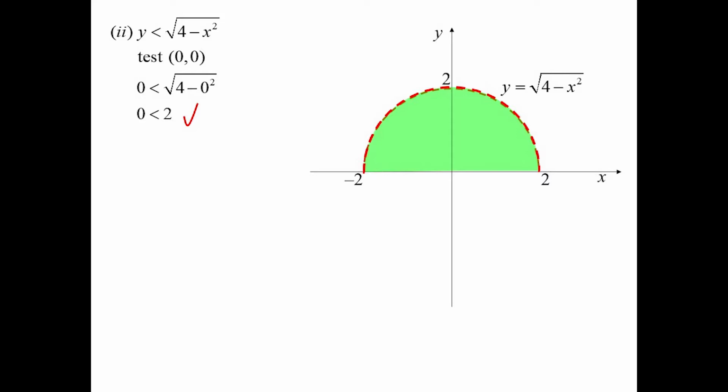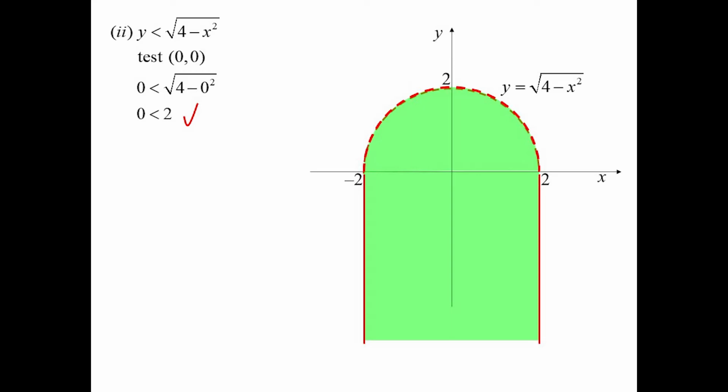What we have to do with something like this is to take into account the domain of the actual shape itself. The domain for this semicircle is minus 2 to 2. And look, we're saying when is y less than? So whenever I have a number underneath the x-axis, that y value has got to be less than the positive square root.